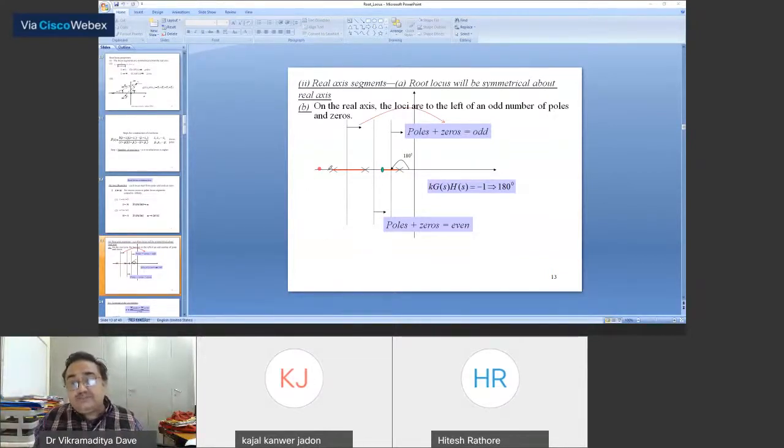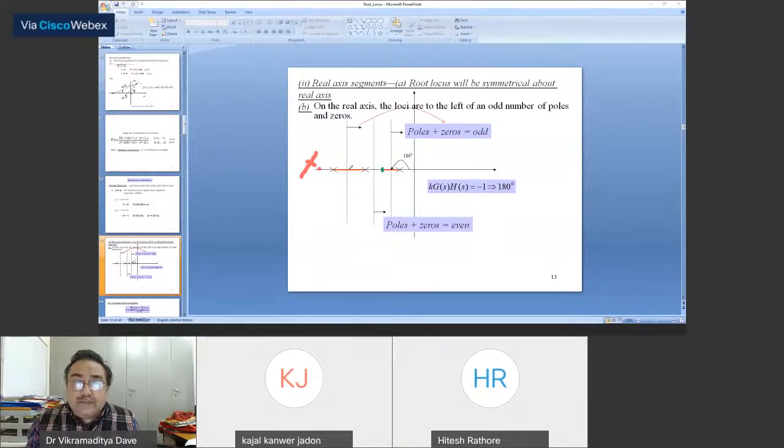Now on its left hand side, you count how many poles and zeros are there. So 1, 2, 3, 4. 4 are there. 4 is an even number. Hence, there can be no root loci from this point to this point.